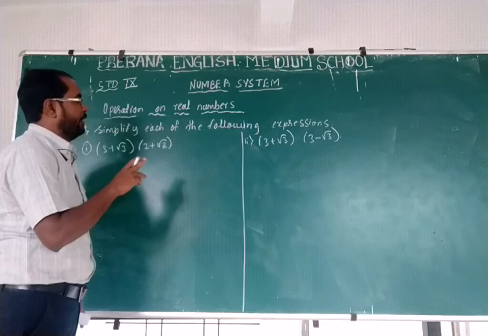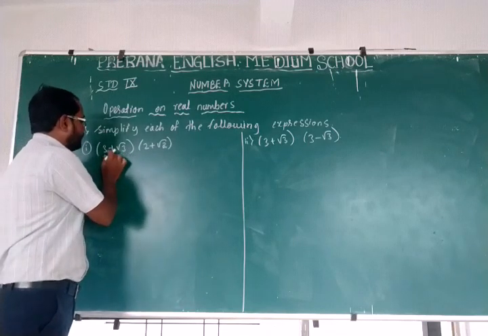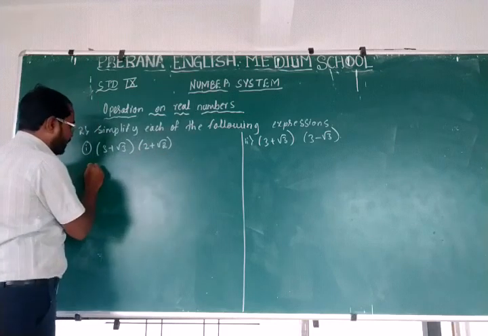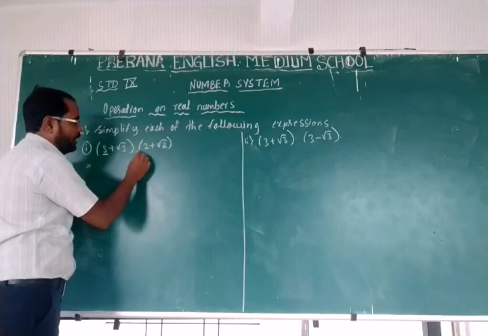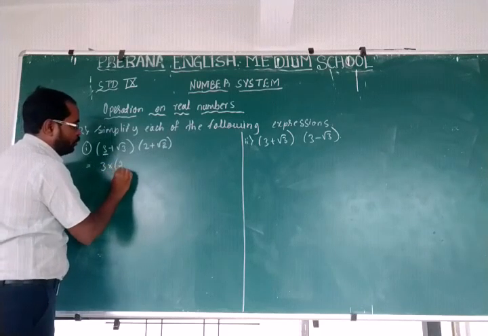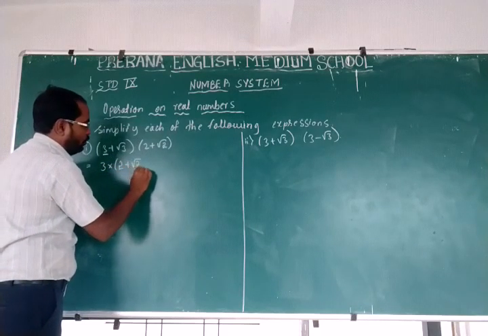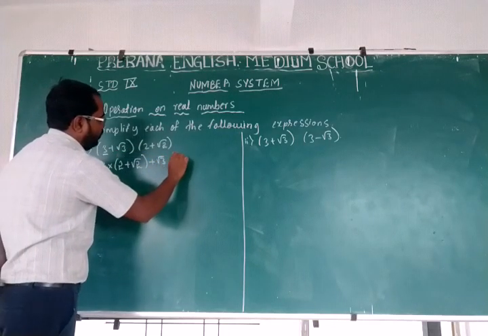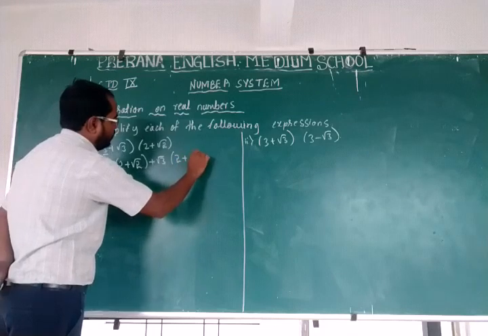Simplify each of the following expressions. First one is given: 3 plus root 3 into 2 plus root 2. To simplify, first 3 you multiply with the second expression, that is 3 into 2 plus root 2, and the second one is plus root 3 into 2 plus root 2.